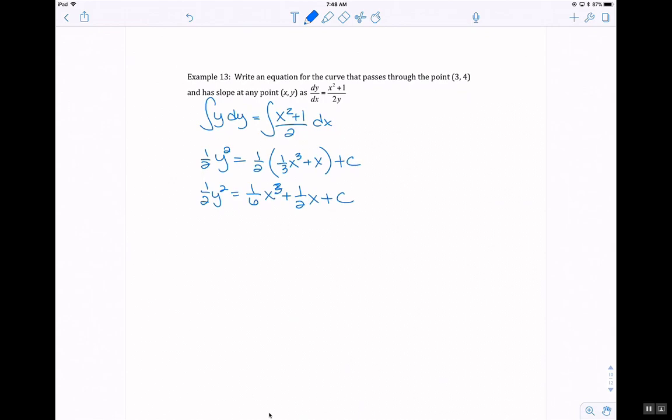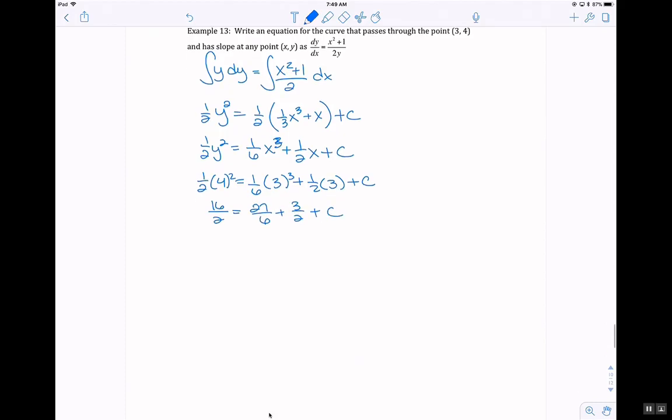And then I can go ahead and plug in my point. So 1/2 times 4 squared is equal to 1/6 times 3 cubed plus 1/2 times 3 plus c. So this is 16 over 2 is equal to 27 over 6 plus 3/2 plus c.